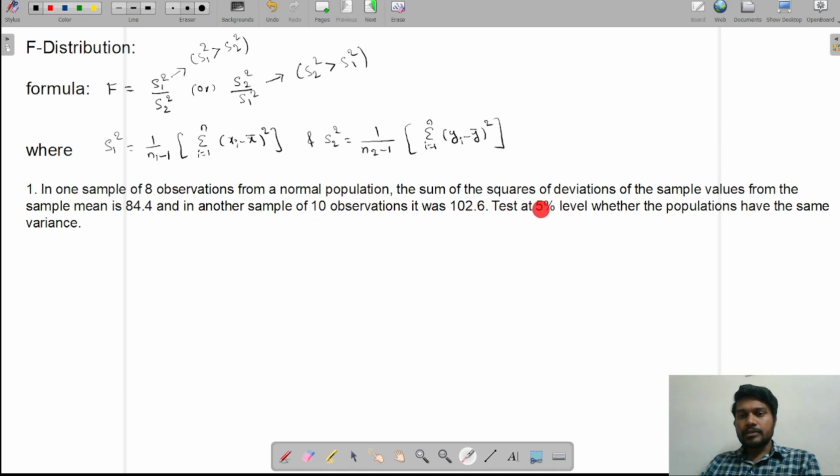Test at 5% level whether the populations have the same variance. So what we have to prove here is whether the populations have the same variance. Before proving this, we have to identify what values are given in the question. Then only we can solve it, right? So let's first identify the values given in the question.